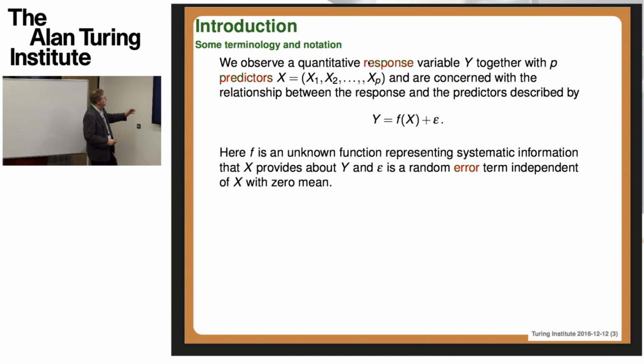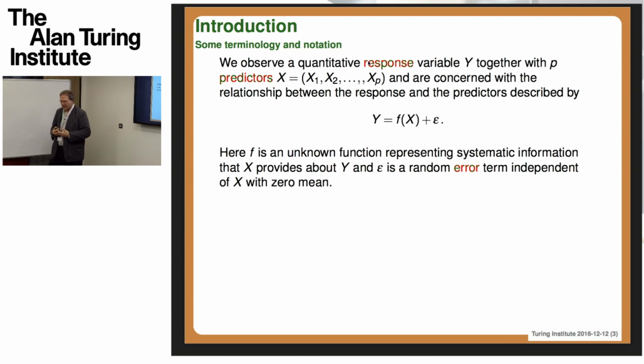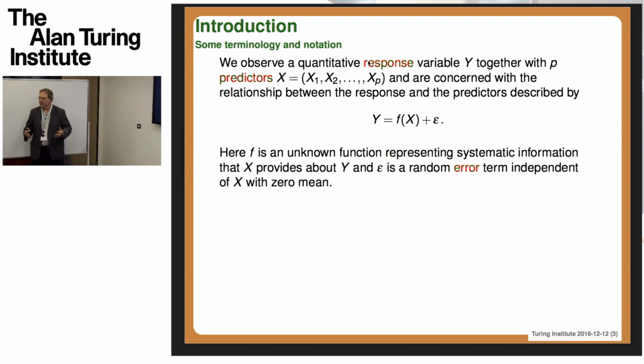Okay, so let's delve into statistical learning then. The context for this introduction is that we suppose that we observe a number of variables, and these variables are potentially able to predict a response variable y.